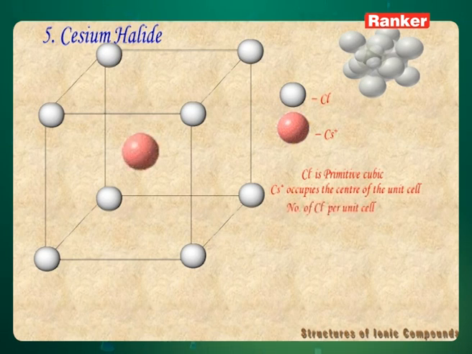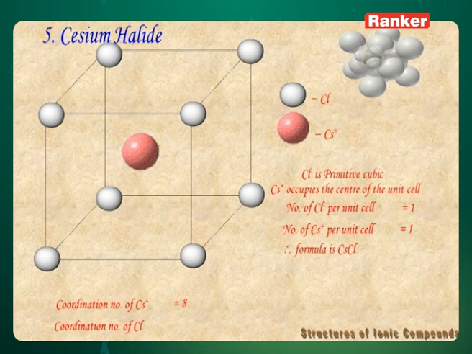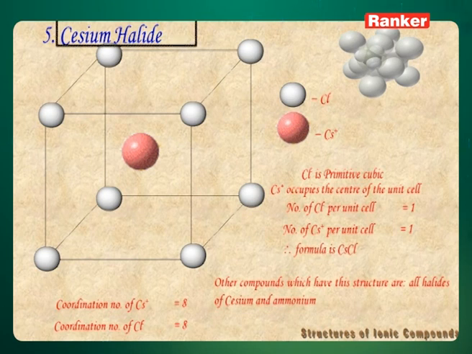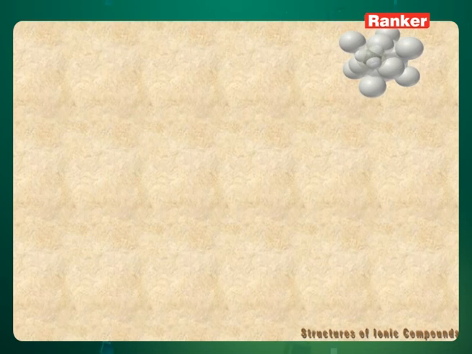So, number of chloride ions per unit cell is equal to 1, cesium ions also 8 into 1 by 8, that is 1, formula is CsCl, coordination number of cesium is 8, chloride is also 8, and other compounds having similar structures are all the halides of cesium and ammonium. That means cesium chloride, cesium bromide, cesium iodide, ammonium chloride, ammonium bromide and ammonium iodide will follow the similar structure. Then next let us go for corundum.